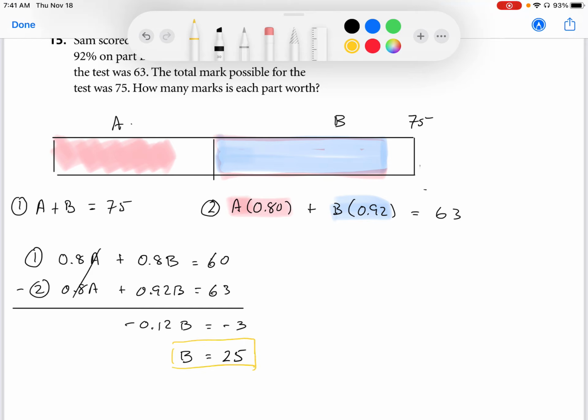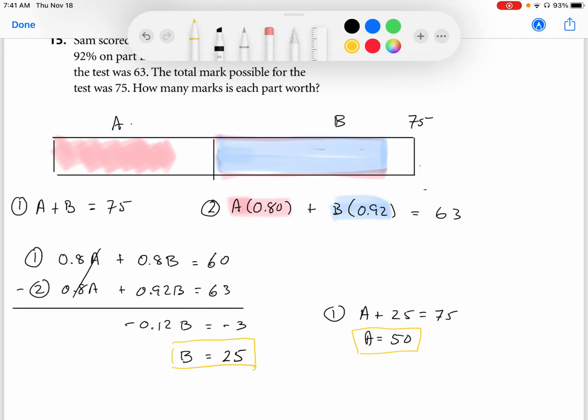This is a system, so I do need to solve for A. So using equation number 1, I know that A plus B, which is 25, is equal to 75 marks. So the A portion of the test represents 50 marks. Okay, so that's the other solution to this.